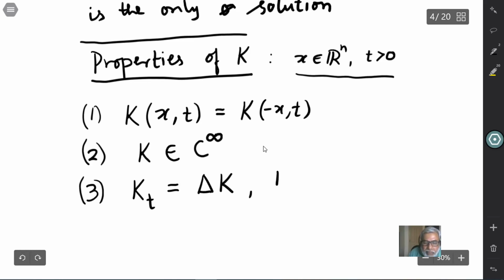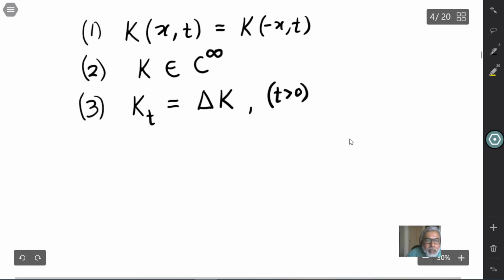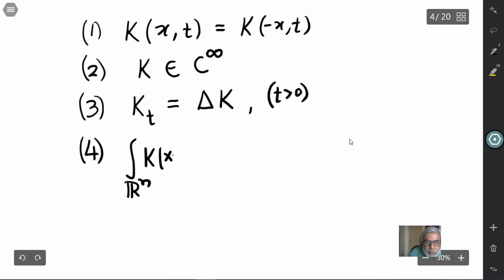Let me stress this again, though I have stated it there. And this integral over Rn of k of x minus y, t dy.